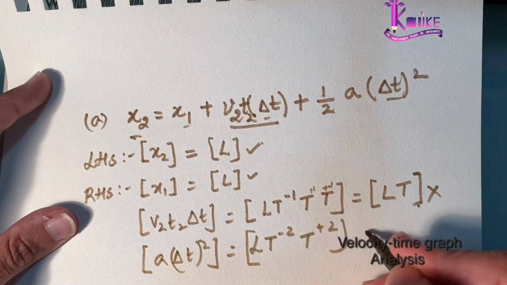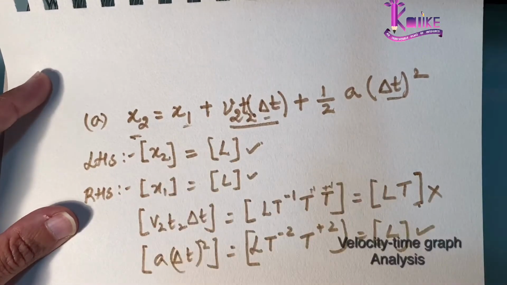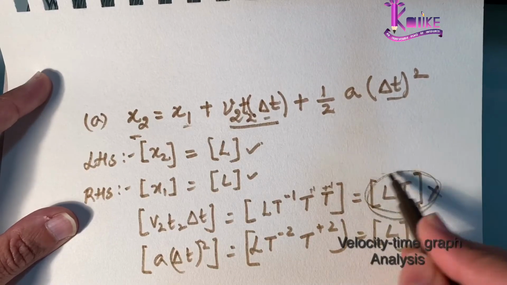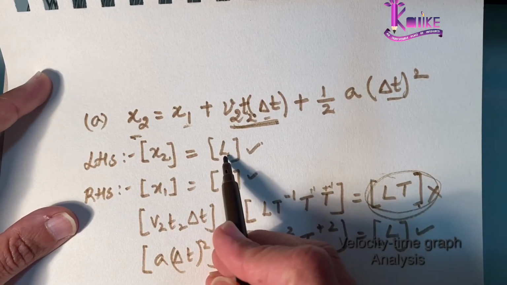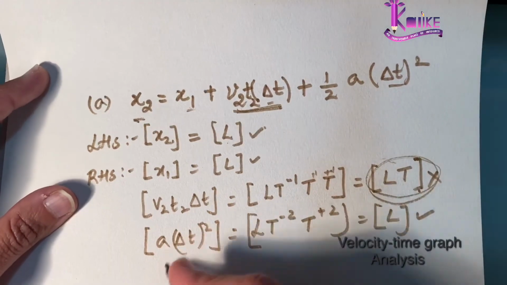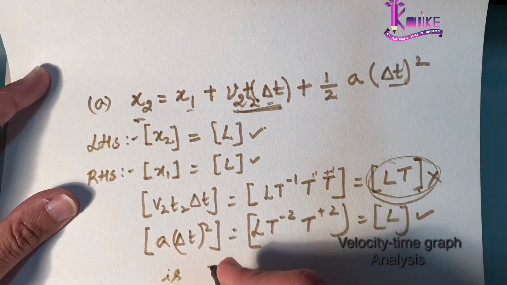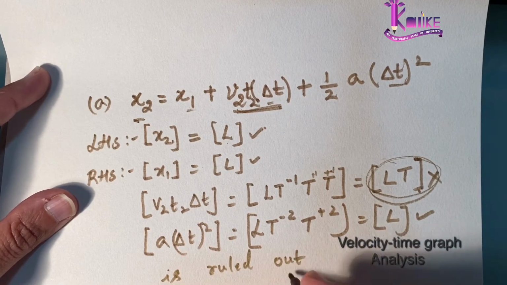So this gets cancelled and you remain with L. Yes, this does match with the dimensions of the LHS, but you have a term in this equation which doesn't match with the dimensions of the LHS. So obviously the first one is ruled out. This equation which is mentioned is not correct.